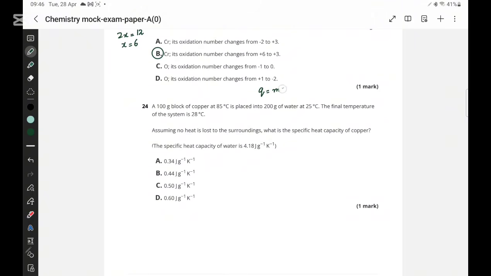Q is equal to mc delta T. m is the mass of water, which is 200 grams. c is the specific heat capacity of water, which is 4.18, times the delta T, that comes out to be final temperature, which is 28, and the water is 25. So final temperature minus initial temperature, and that comes out to be 2508.